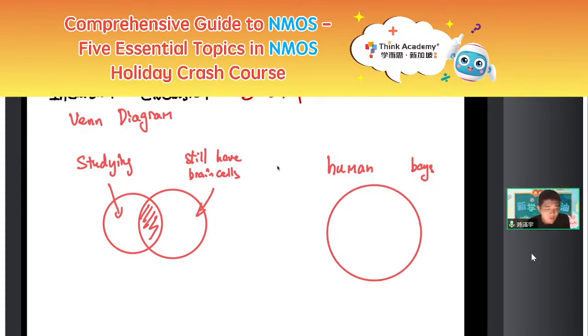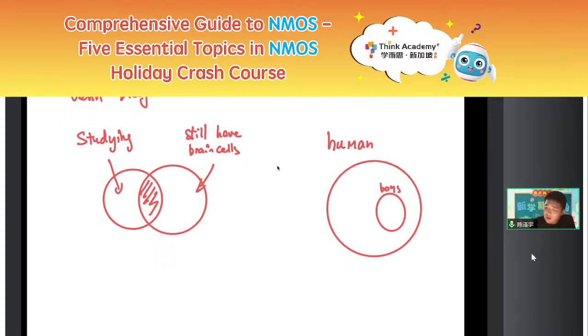So first of all, we have a very big group of human beings, and within the big group, we have a slightly smaller one that stands for the boys. This is also a possible type of Venn diagram. That is inclusive: one group contains another one.